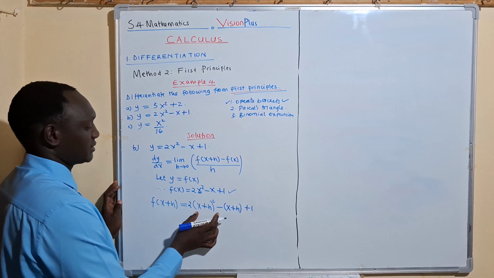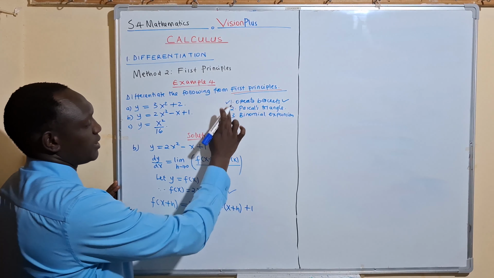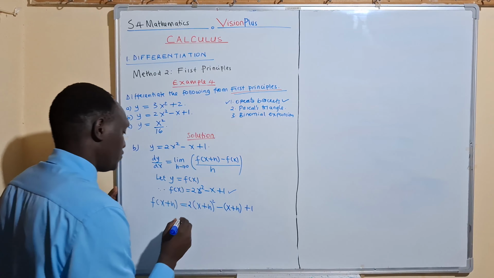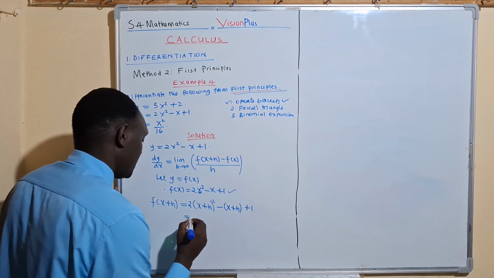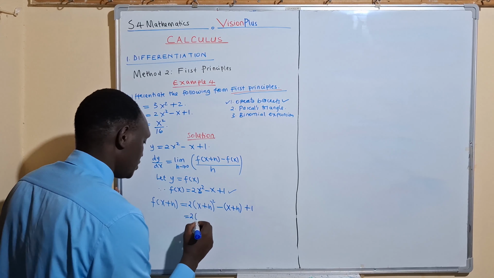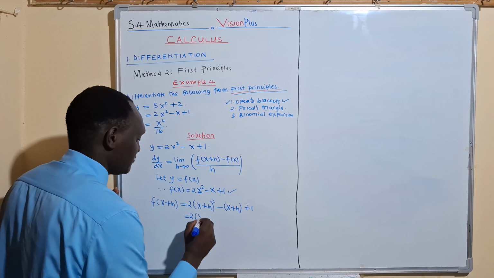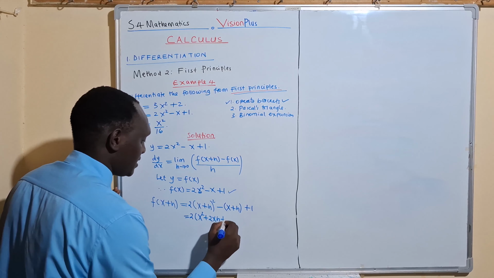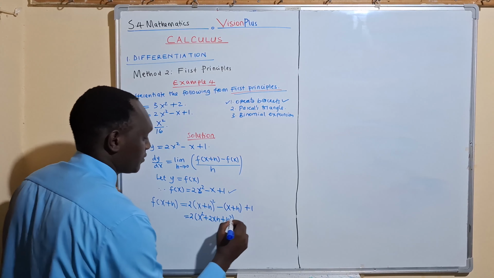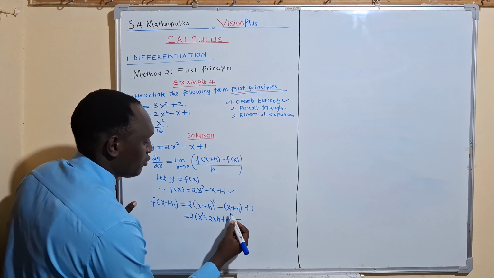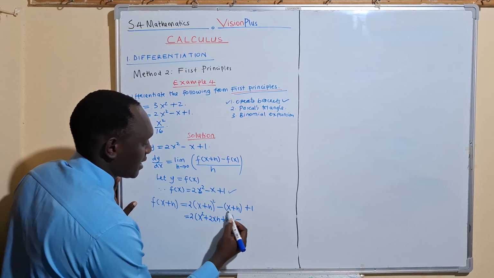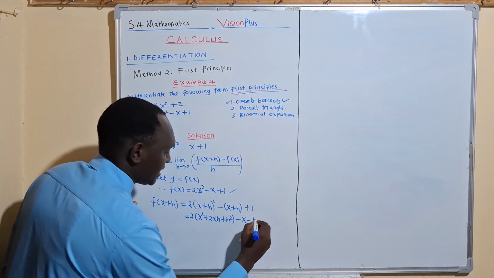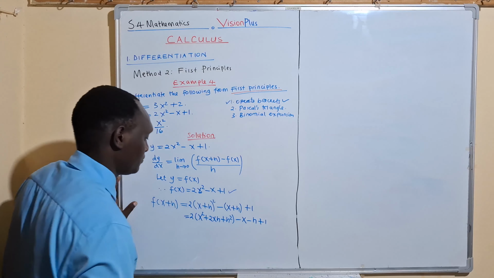Then we expand using one of these three methods, but we are using operation of brackets to save our time. This gives us 2 into, if we square this, x squared plus 2xh plus h squared, minus, if we open this bracket by negative, we shall have minus x minus h plus 1.